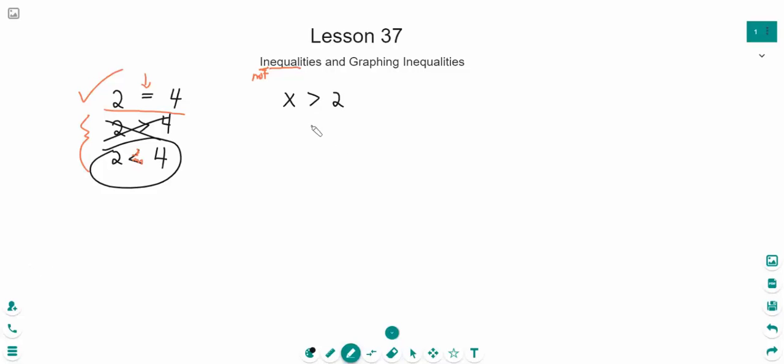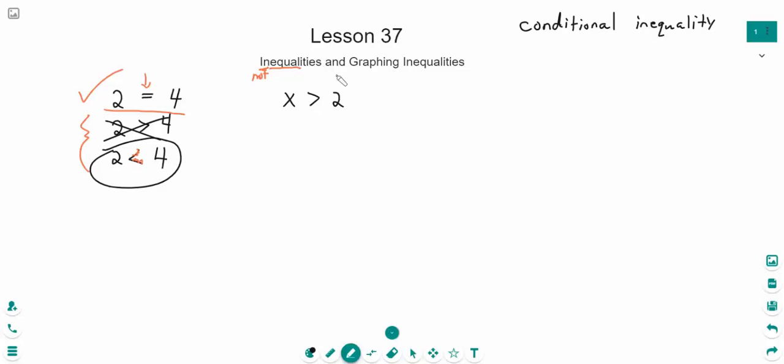Okay, over here, if I were to ask you, is this a true or a false inequality? You would say, I don't know, right? Because we don't know what x is. So this is, maybe I'll write this, this is called a conditional inequality. And what that means is it is true conditioning on the value that we put in for x.